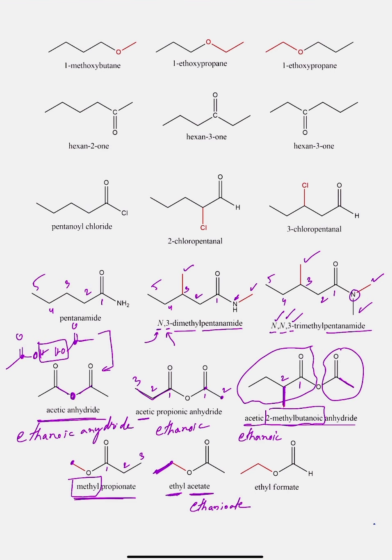And here you have ethyl group attached here, and here formate is written because this side is derived from formic acid, but it is also called methanoic acid, so it is also called methanoate. So this is ethanoate. Okay, this is methanoate. Anyway, this is how esters are named. Let me go to the next slide.